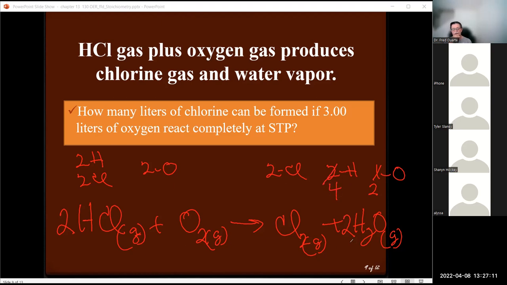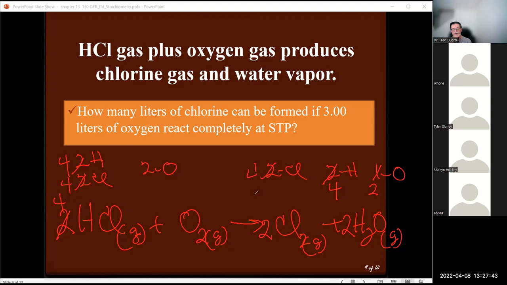Now that means I've got to come over here to the left and kick up my hydrogens to 4. What if I put a 4 in front of HCl? That kicks up my chlorides, so now I've got 4 chlorides. Come back here and I put a 2 in front of the chlorine.